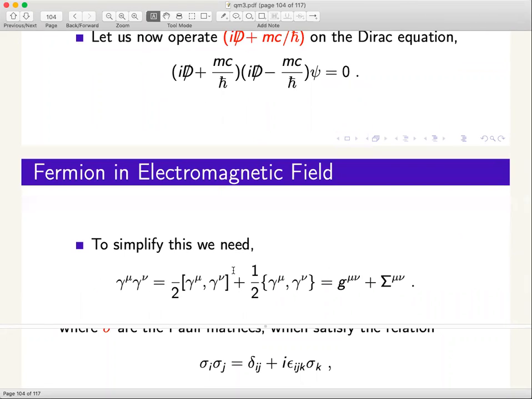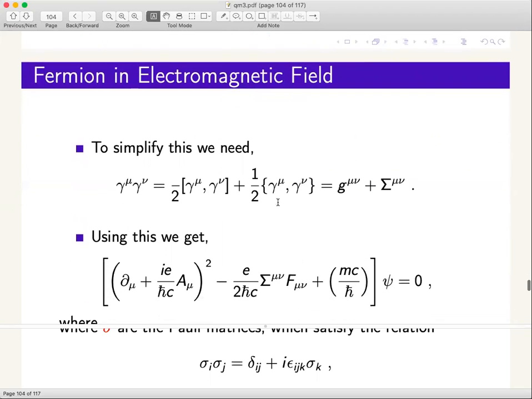So the antisymmetric piece will give you sigma mu nu, multiplying the antisymmetrized part of d mu d nu, which is f mu nu, and that's why you get a term sigma mu nu f mu nu. This is the piece coming from the commutator, whereas the piece coming from the anti-commutator is just the square of the covariant derivative, and that is this piece.